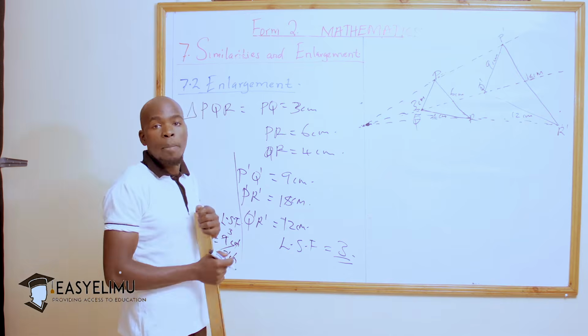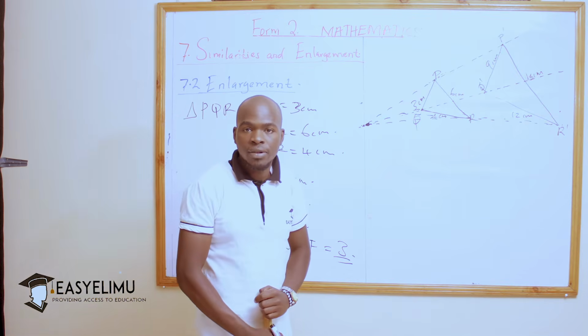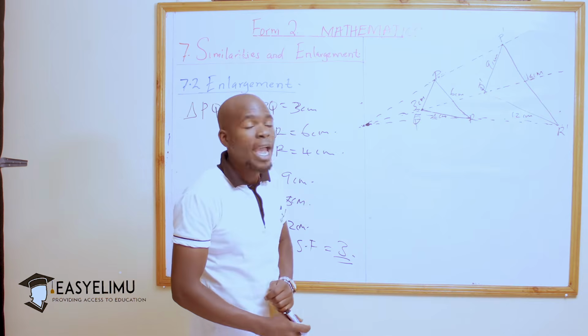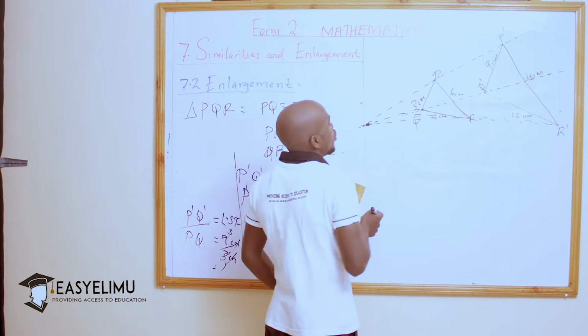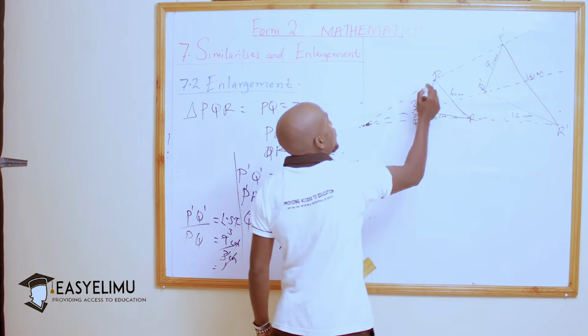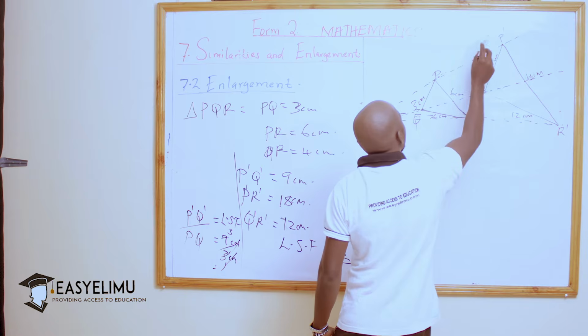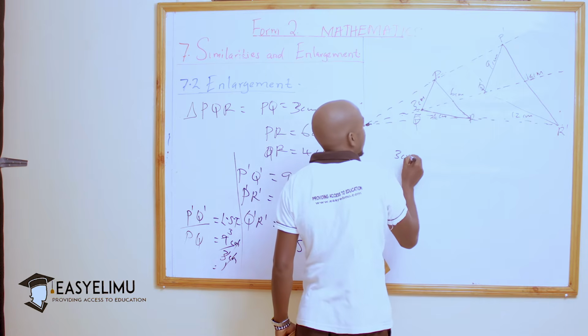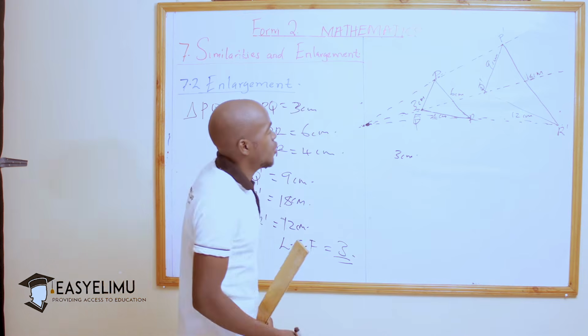After doing that, the point where the lines intersect is what we refer to as the center of enlargement. So you will find this scale factor by calculating from OP prime to OP, and we have found that value is 3. So that is how we construct.